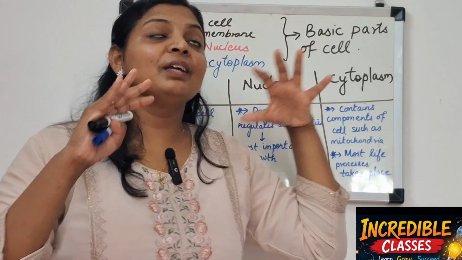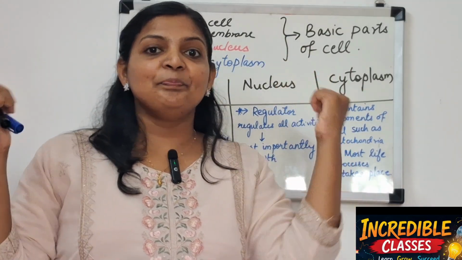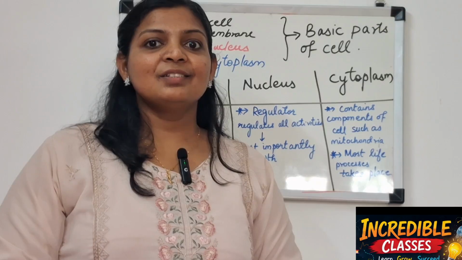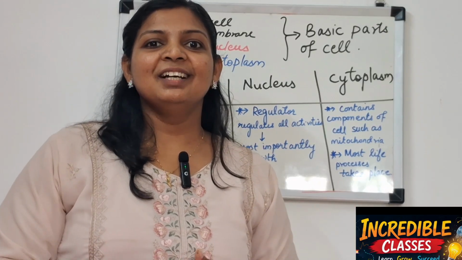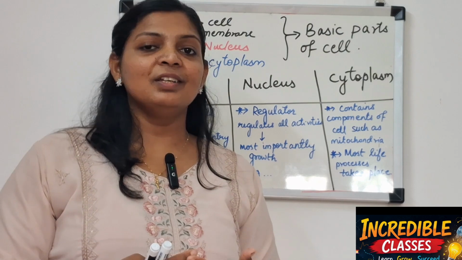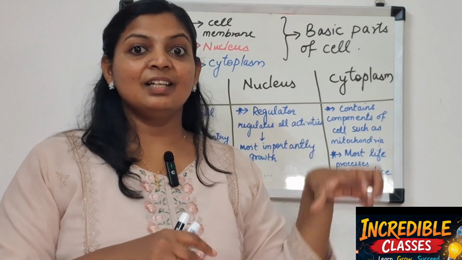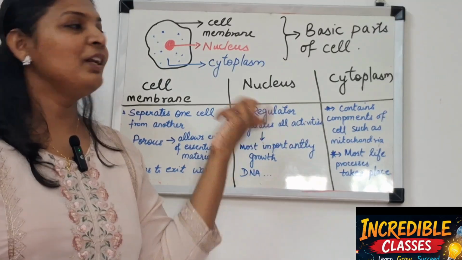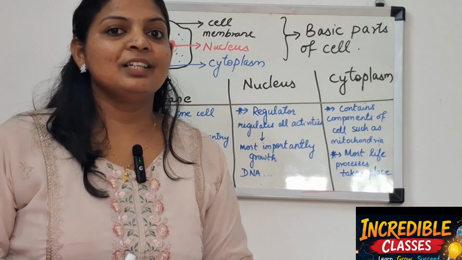You can relate it to the principal of your school. If the principal is not there, how will the school run? If your parents are not in the house, how will your home run? Yes, we need a regulating body. Yes or no? That regulating body is the nucleus.